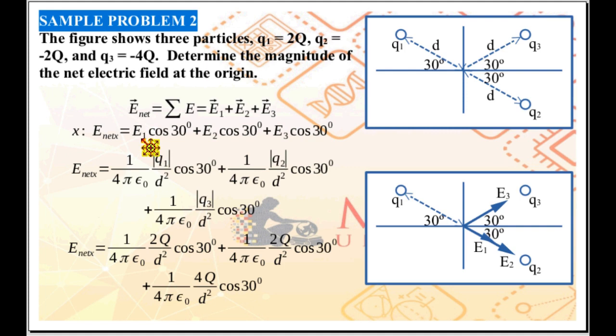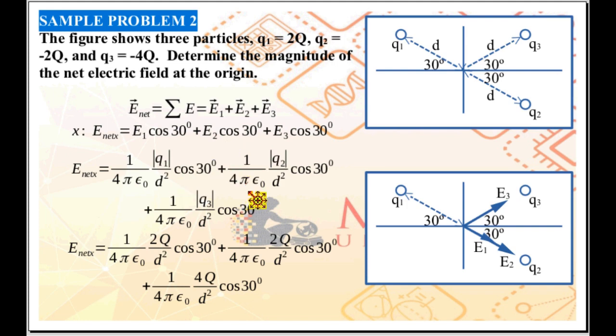Using the equation for electric field magnitude for a single charge, E1 is 1 over 4 pi epsilon naught, absolute value of Q1 over D squared. Don't forget to put the charge inside an absolute value because we're talking about magnitude of the electric field.